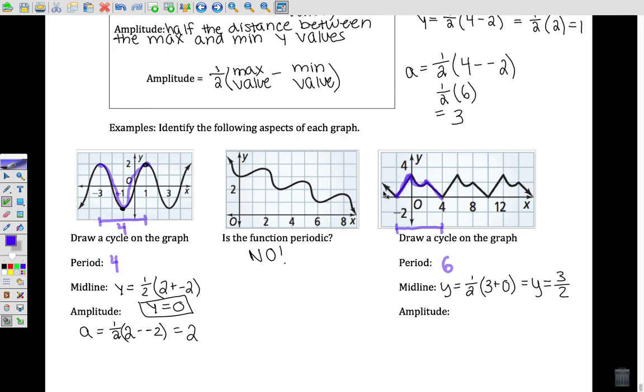If we drew that on the graph, at 1.5, somewhere along here would be our midline. To find the amplitude is 1/2 the maximum value minus the minimum value. So that amplitude is also 3/2.